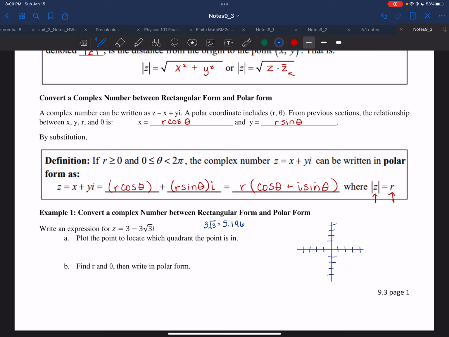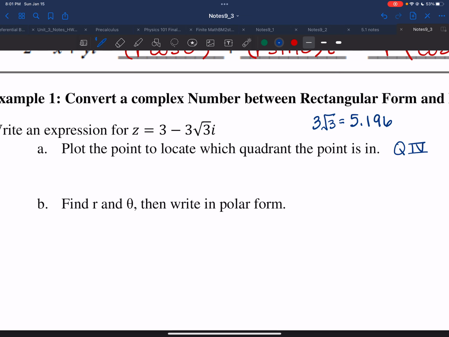So I need a couple more marks on there. All right, I have 3, so I go over 3, and then I go down 1, 2, 3, 4, 5, and then a hair over 5. So it's about right here. So this would be 3 minus 3 root 3 i. This is clearly in quadrant 4. Find r and theta and then write it in polar form.